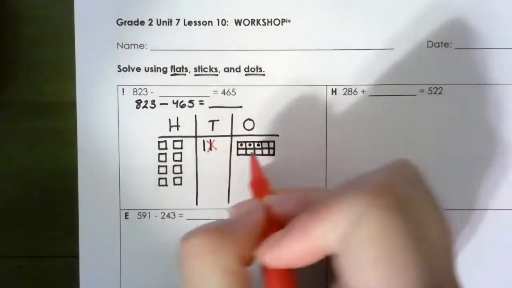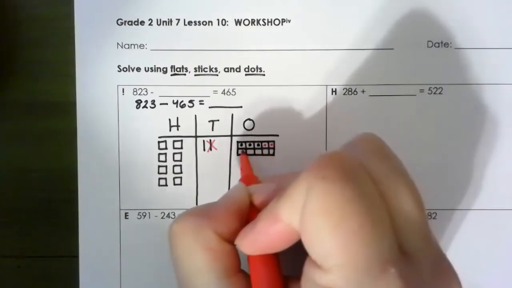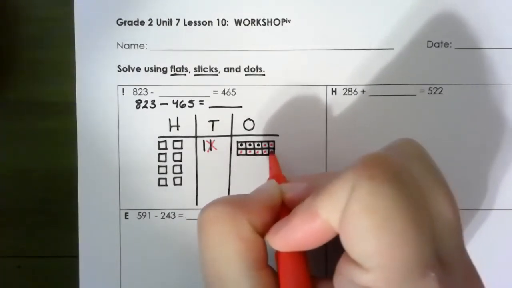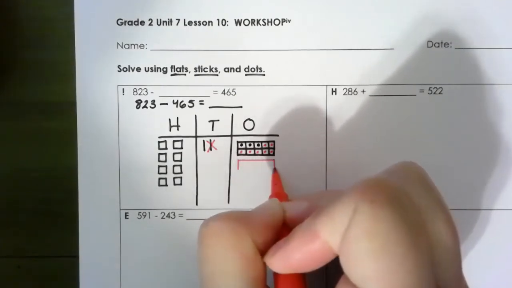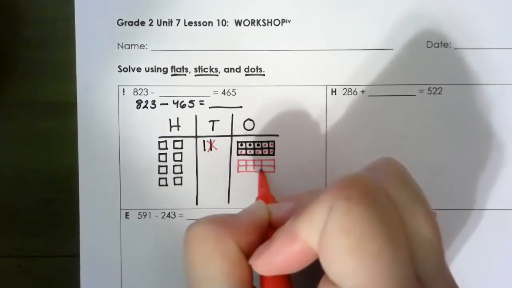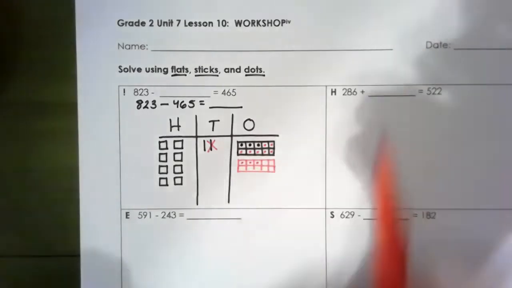Regroup a 10 and make 10 ones. 1, 2, 3, 4, 5, 6, 7, 8, 9, 10.